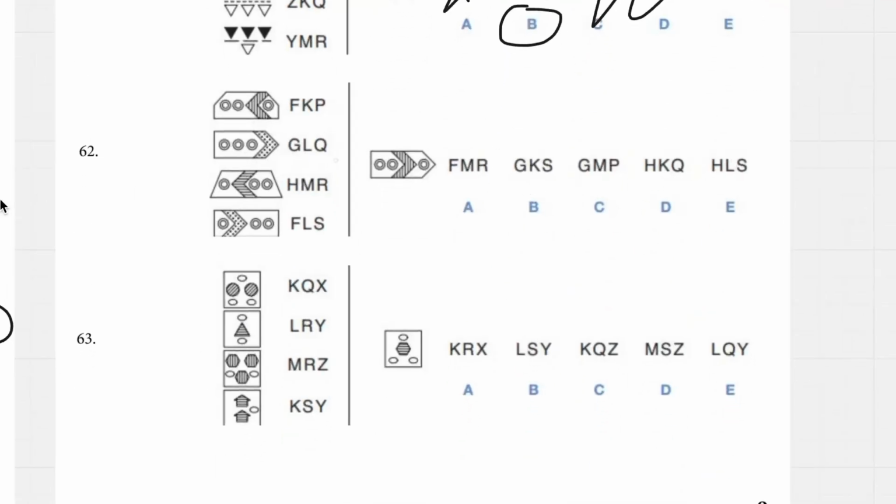And then 62, we can get over here L and L. Looks like this dotted shape over here, the hatching over here. And these are different, so we can confirm that that is the case. So if we have K in the middle, we can cross out these, this one and this one.